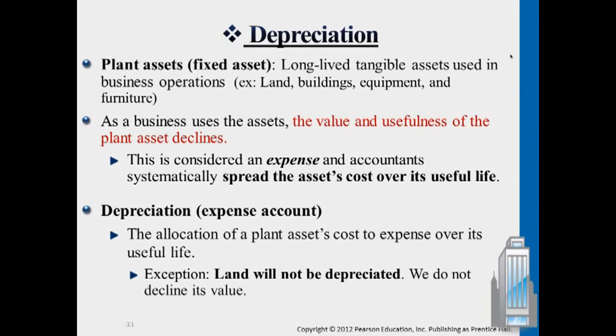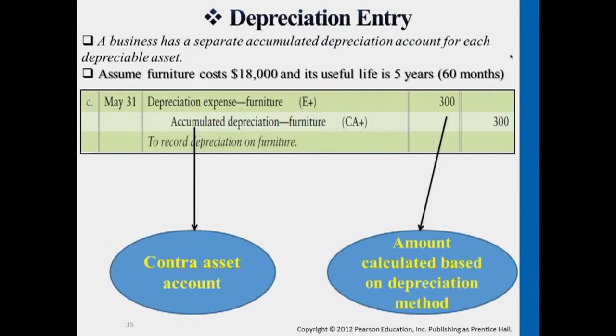The example we went over was the furniture example. Remember, if we purchased an asset originally worth $18,000, as we use this asset in the business, even though it's always there, we still want to measure that it has gradually been growing old. So we want to decline the value as time goes by.